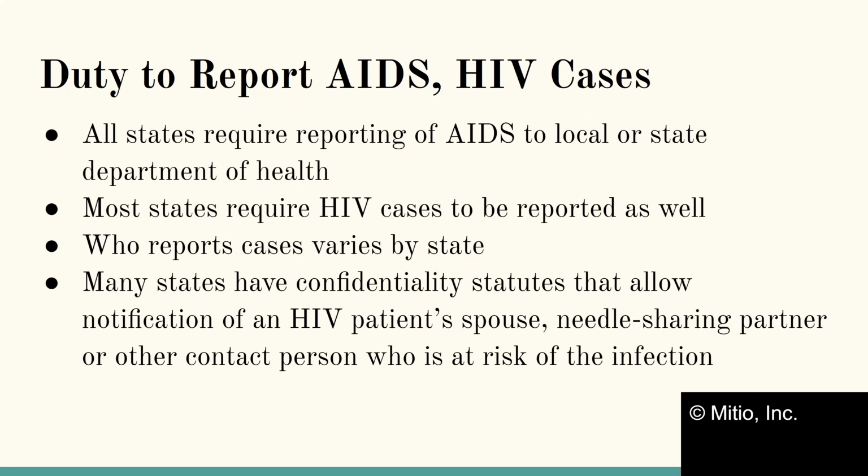So all states require the reporting of AIDS to local and state departments of health. And frankly, many of them require it for other contagious diseases as well. Now, most states require HIV cases to be recorded as well, so not all of them, but AIDS, every state. So who reports it varies state by state, and many states have confidentiality statutes that allow the notification of an HIV patient's spouse, needle sharing partner, or other contact person who is at risk of the infection.